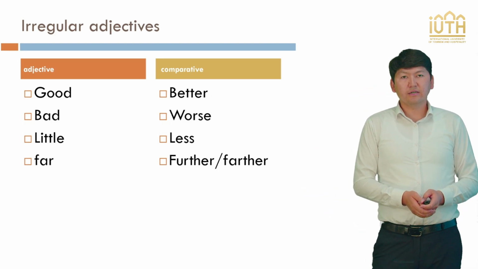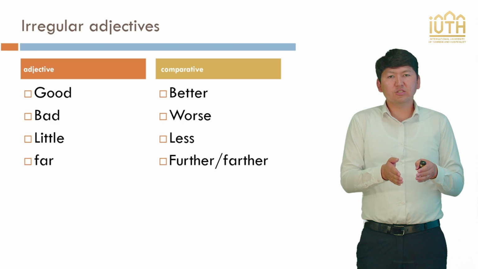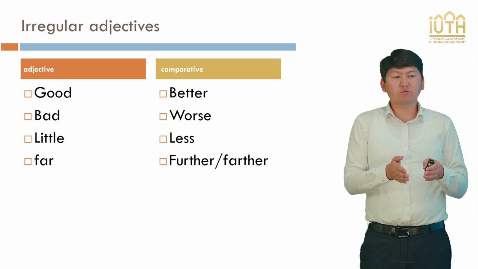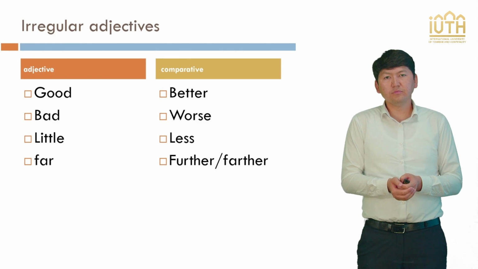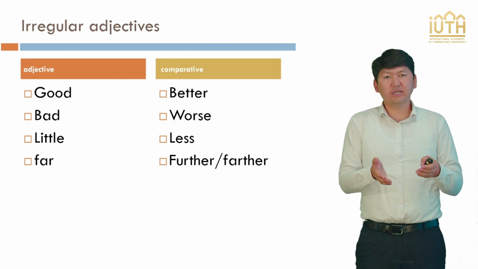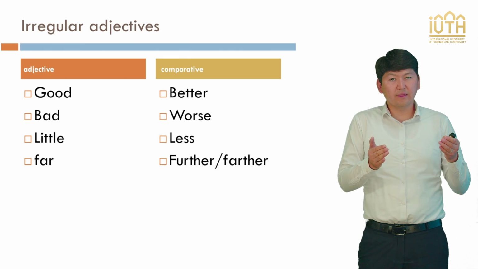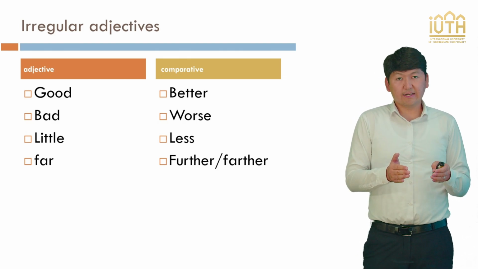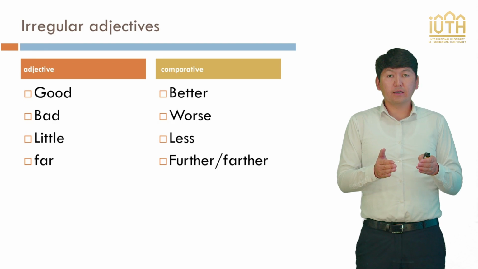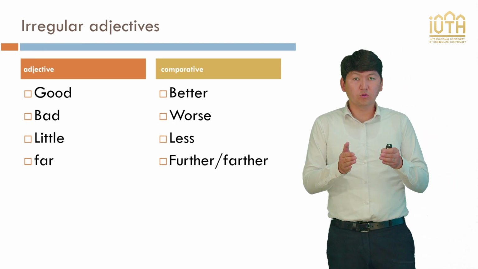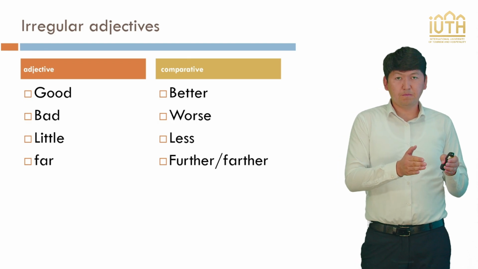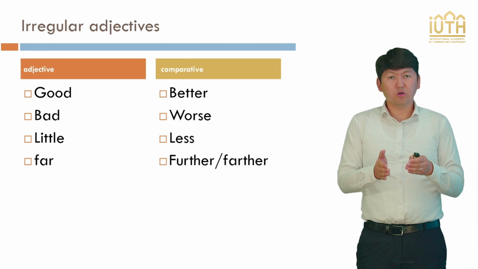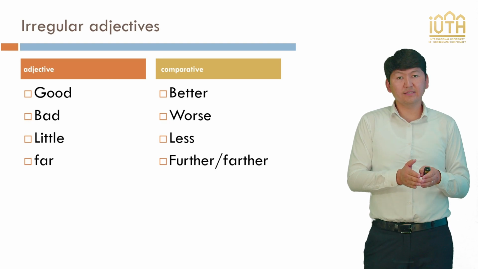Now let's look at irregular adjectives in English. You cannot say gooder. There is no word gooder in English. You need to say better. So good, better. Bad, worse. Little, less.